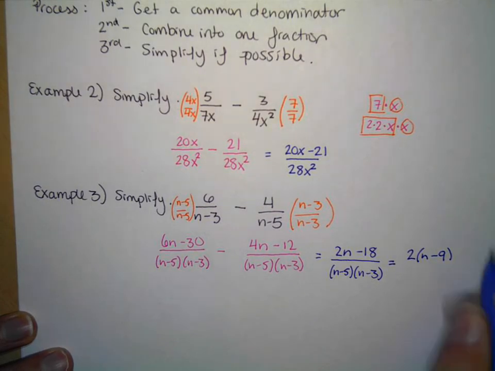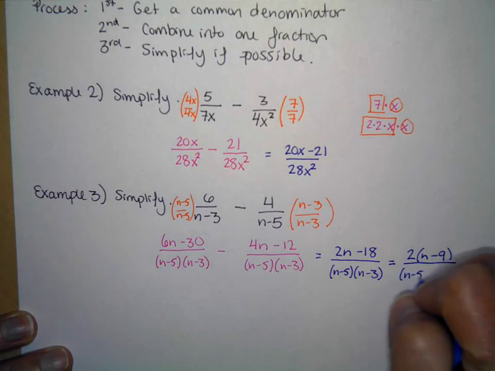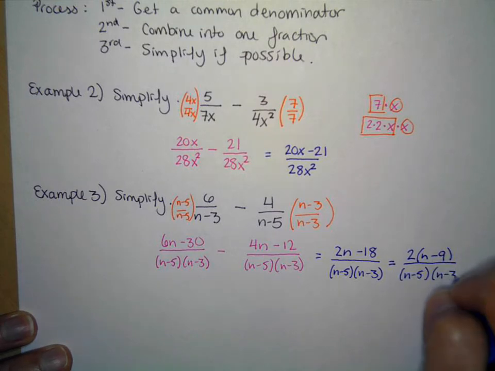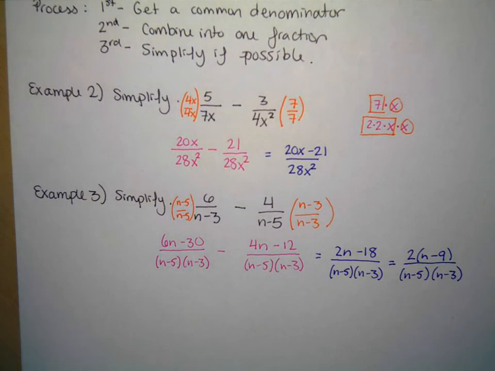So hey, I factored that. Our denominator was already factored. Now, at this point, there isn't a factor that's in both the numerator and the denominator, so we can't cancel anything out. So this would be our final answer, 2 times n minus 9 over n minus 5 times n minus 3.